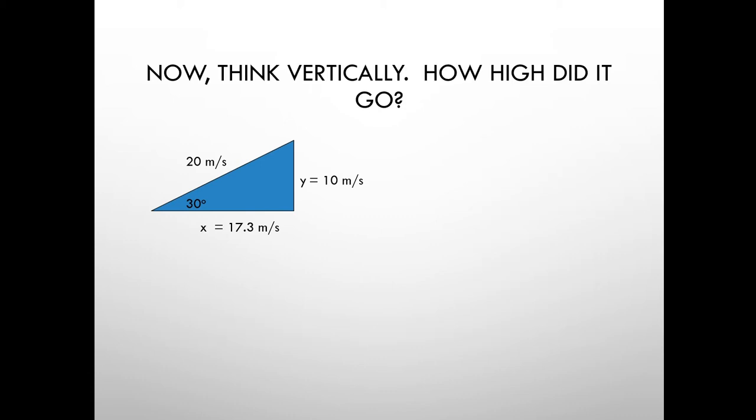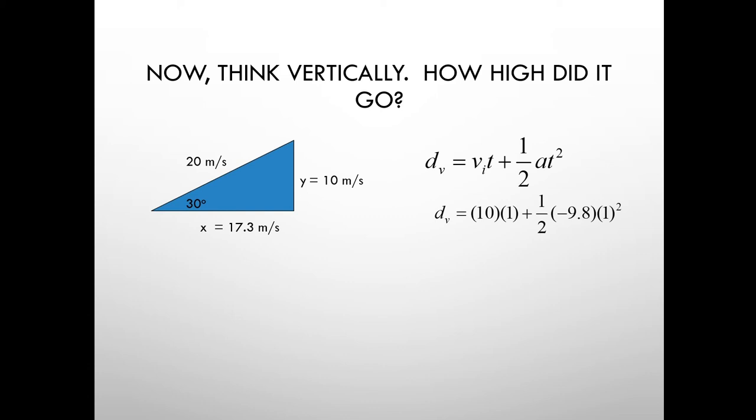Now, still thinking vertically, how high did it go? Well, we can use one of our other kinematic formulas, this one, that the displacement, and I've denoted it by displacement v, meaning the displacement vertically, will be the initial velocity multiplied by time plus 1/2 acceleration time squared. Plugging in the things we know, initial velocity vertically is 10. We know that the time going up is 1 second.